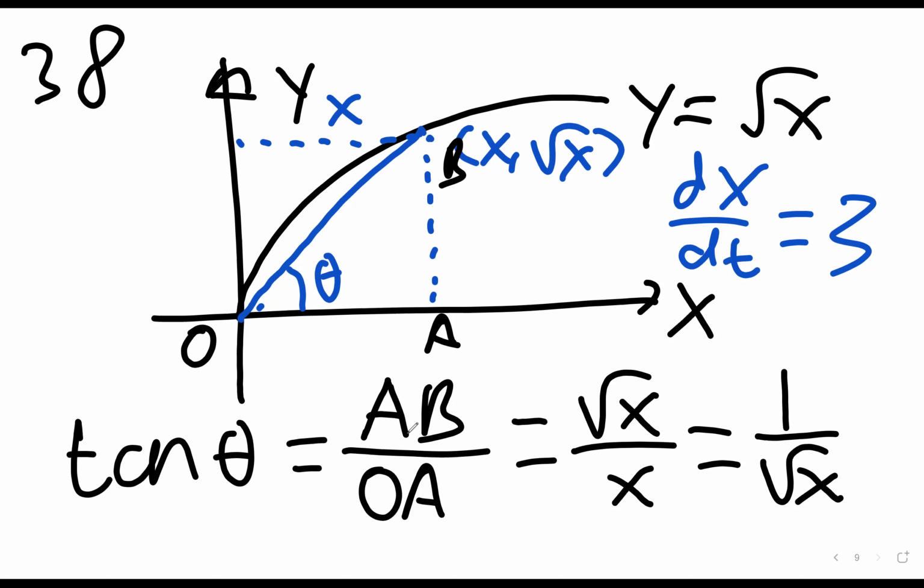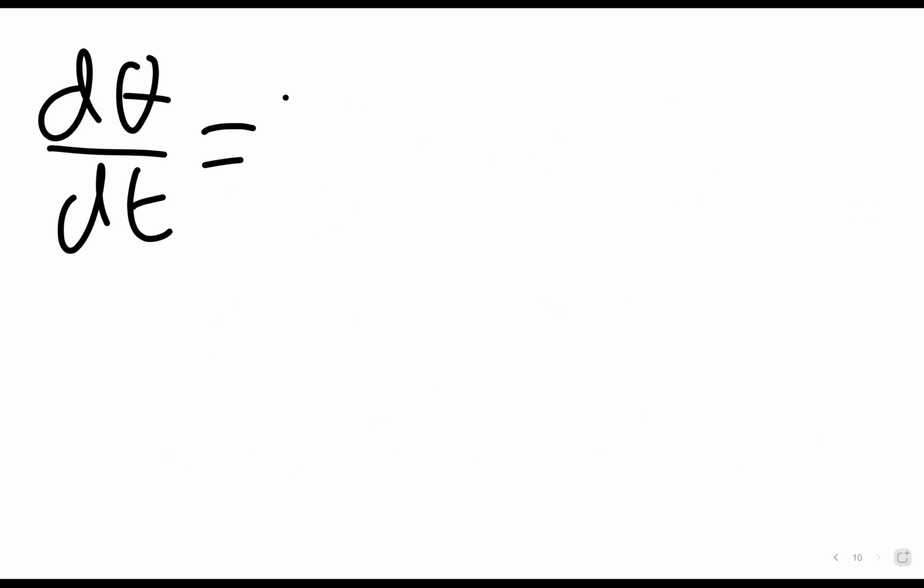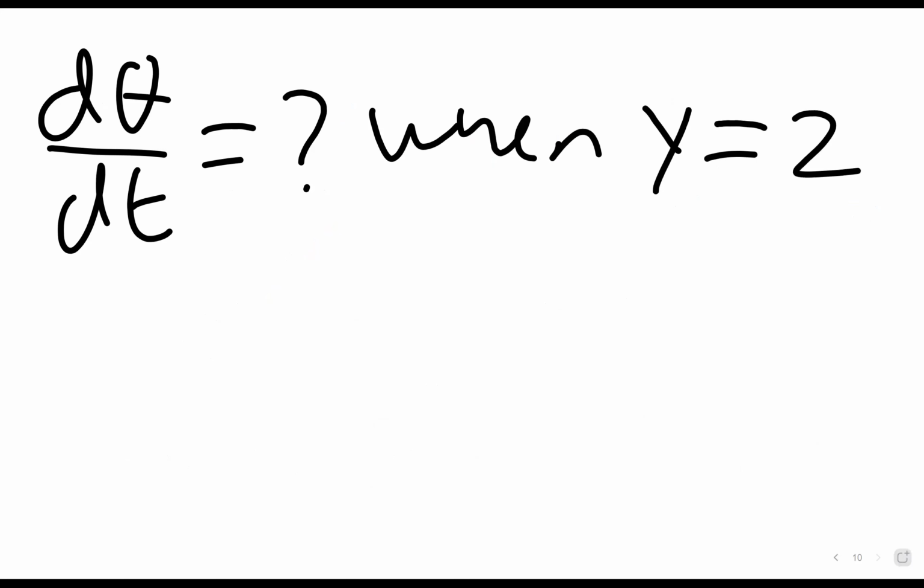And the question is to find d theta/dt when, be careful with the statement, the distance from the particle to the x-axis is 2 units. So the question is, what is the value of d theta/dt when y equals 2, because of the distance to the x-axis.